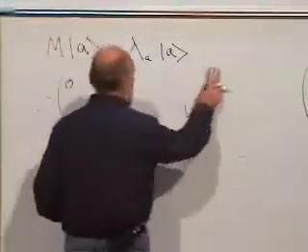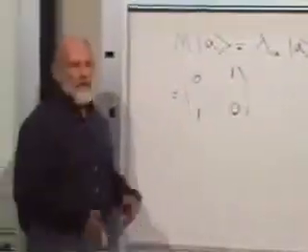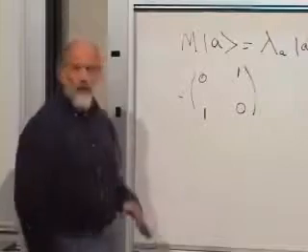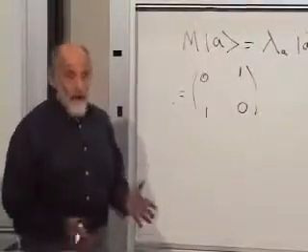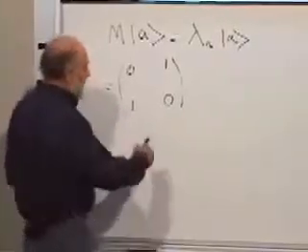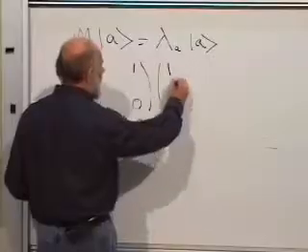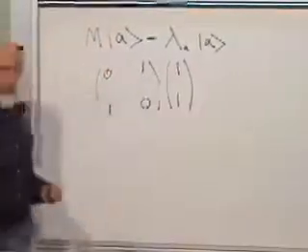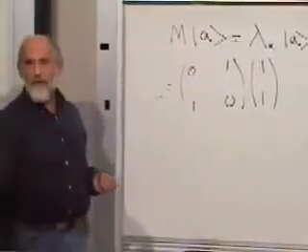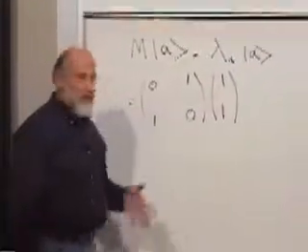Rather than do any algebra, I'm going to show you what they are, and then we'll see that they are eigenvectors. The two eigenvectors in this case, okay, now what's wrong with this eigenvector? It's too big. It's not normalized. 1 squared plus 1 squared is 2.